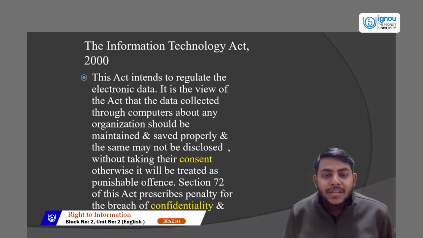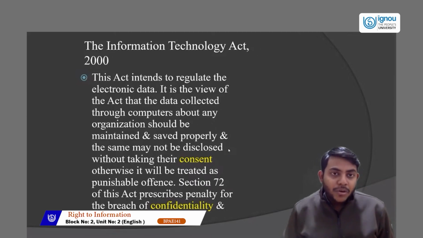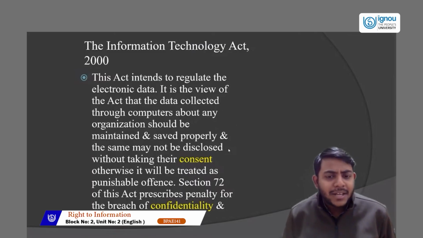And the Supreme Court, in its judgment in K.S. Puttaswamy versus Union of India in 2017, also said that the right to privacy is a fundamental right that is a part of the right to life and liberty. So the right to privacy has now been given the status of a fundamental right by the Supreme Court of India in the K.S. Puttaswamy versus Union of India case of 2017.